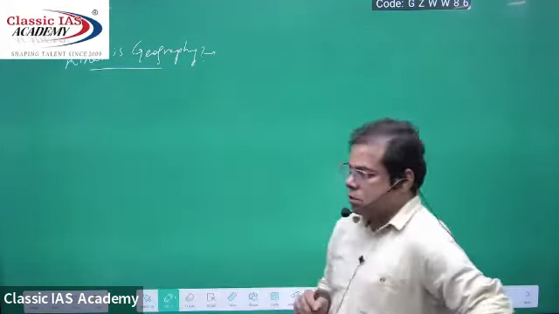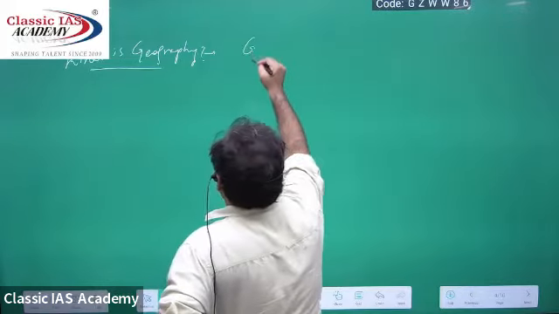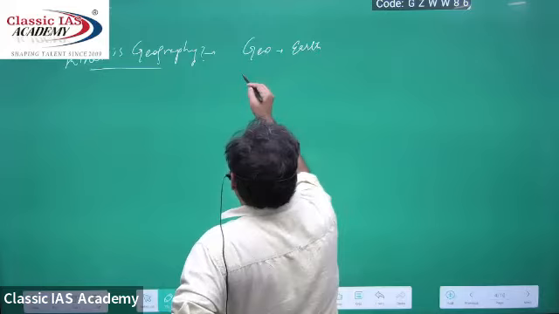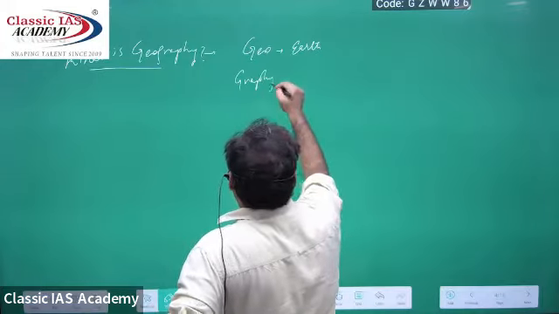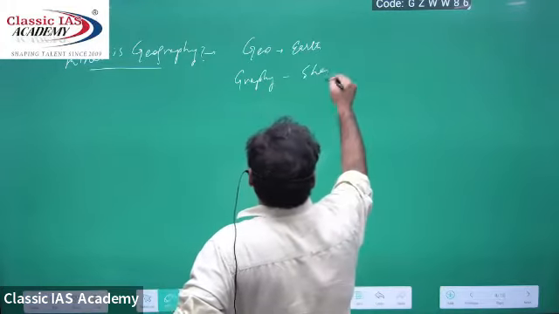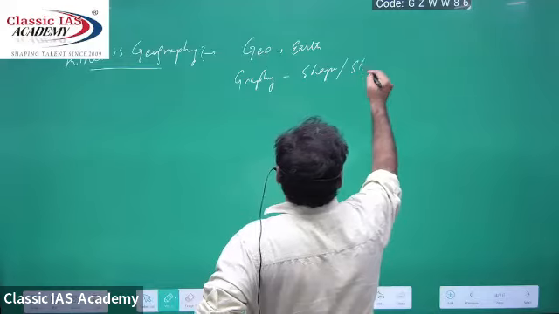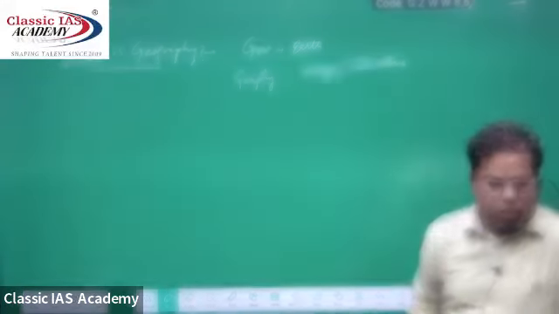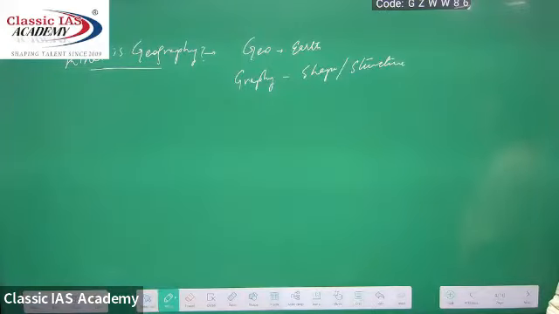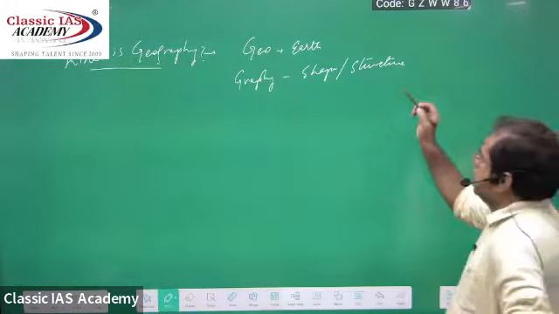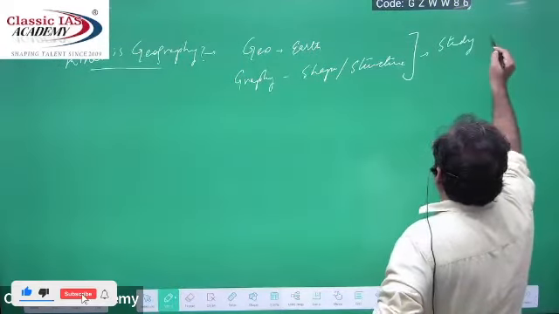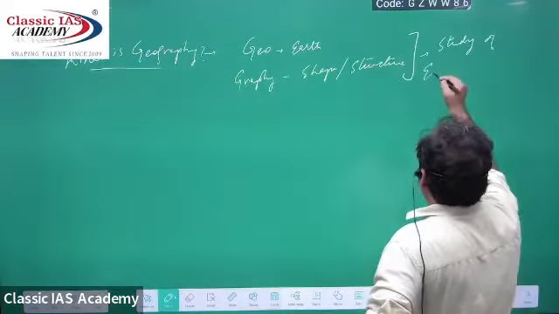Actually, geography comes from two words: geo means earth, graphy means shape or structure. It means it is the study of earth.